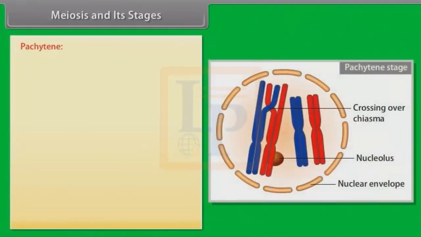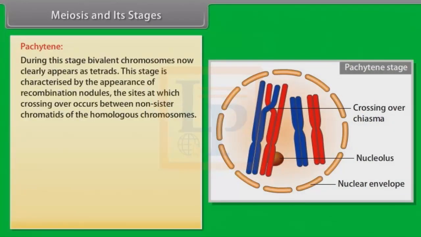Next stage, pachytene, is comparatively longer than the previous 2 stages. During the pachytene stage, bivalent chromosomes now clearly appear as tetrads. This stage is characterized by the appearance of recombination nodules, the sites at which crossing over occurs between non-sister chromatids of the homologous chromosomes.